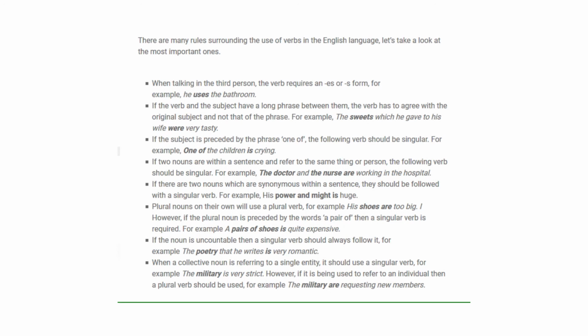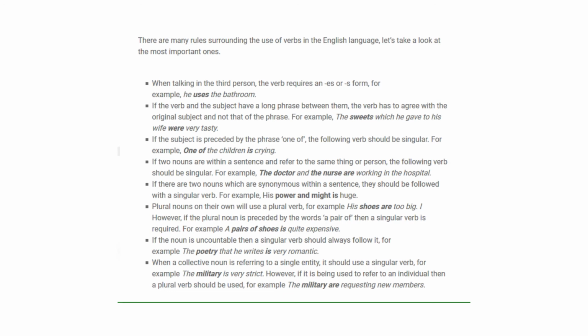If there are two nouns which are synonymous within a sentence, they should be followed with a singular verb. For example, his power and might is huge.